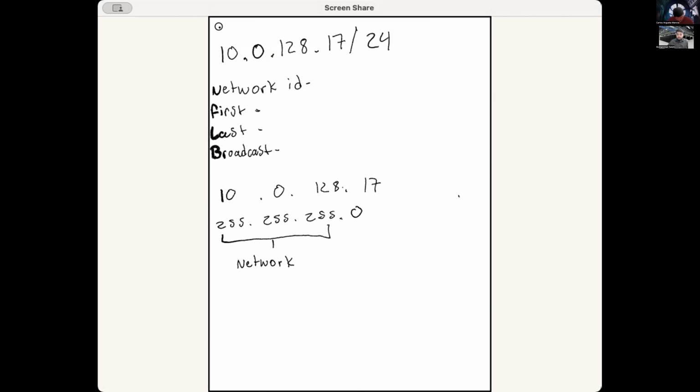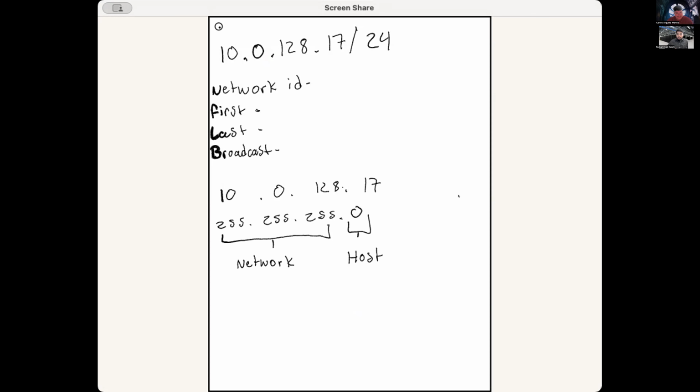And the 0 at the end tells me that the last octet is the host portion. Since it's a slash 24, I know that because 255.255.255, the first three octets, 8 times 3, is 24. And the last one is the whole subnet portion for host.